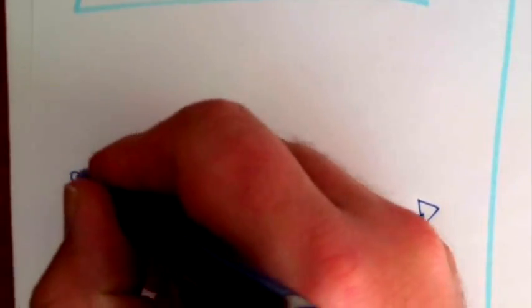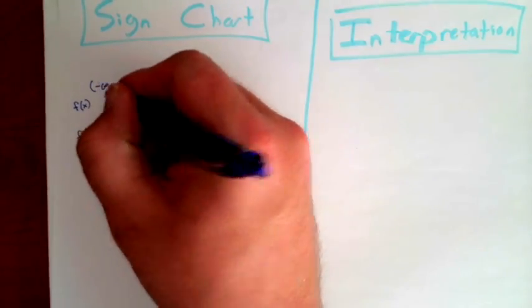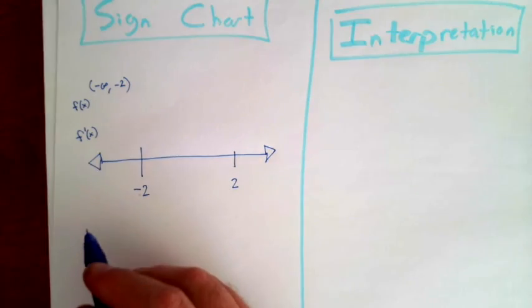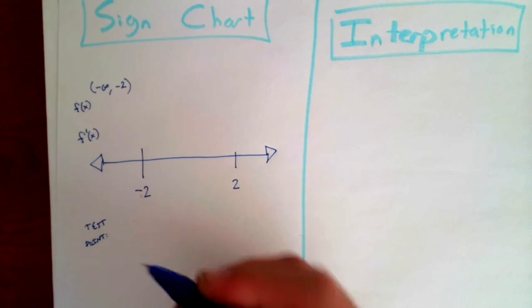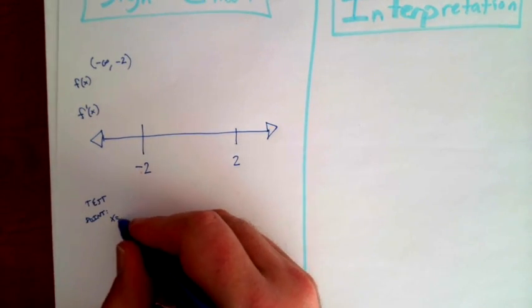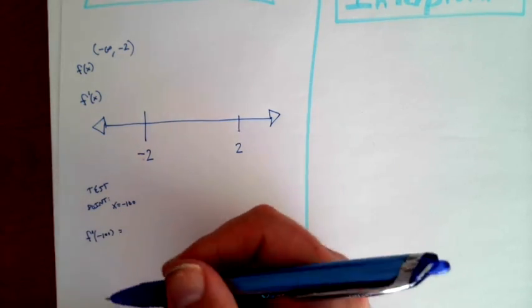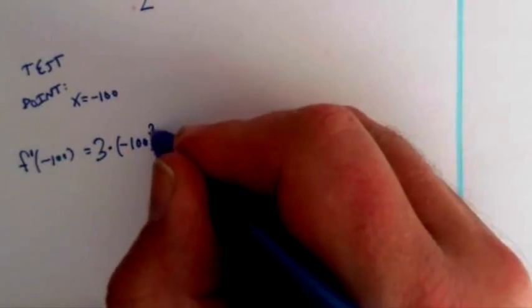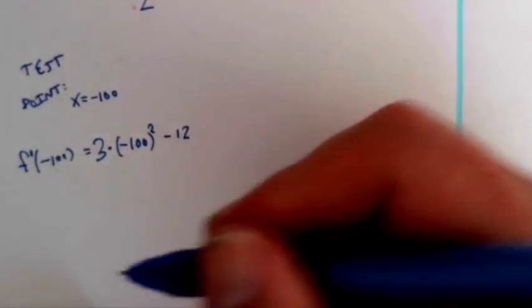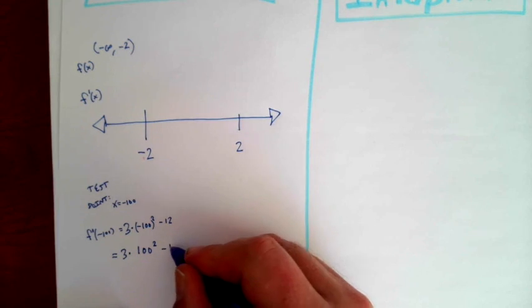I'm interested in f prime of x first, but then I'm also interested in what I can do with f of x. So on this interval from negative infinity to negative 2, I pick a test point, and my test point will be something ridiculous like x equals negative 100. So f prime of negative 100 is equal to 3 times negative 100 squared minus 12, which is the same thing as 3 times 100 squared minus 12.